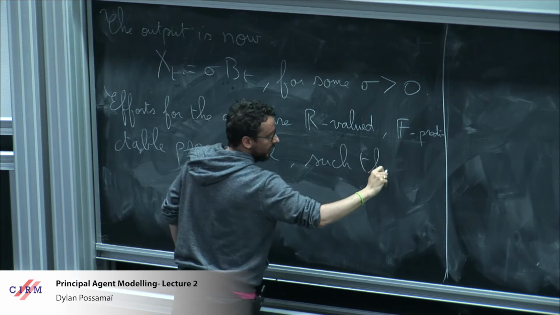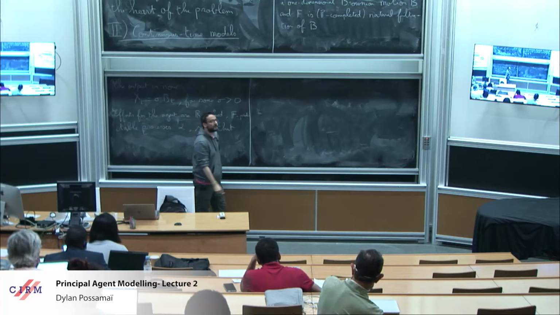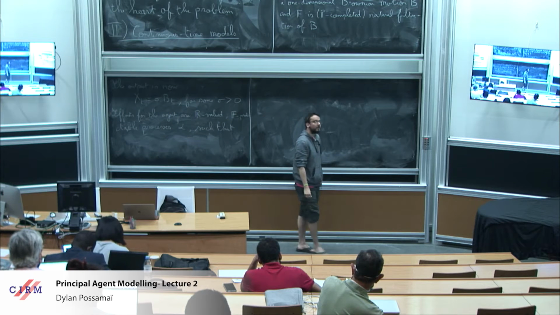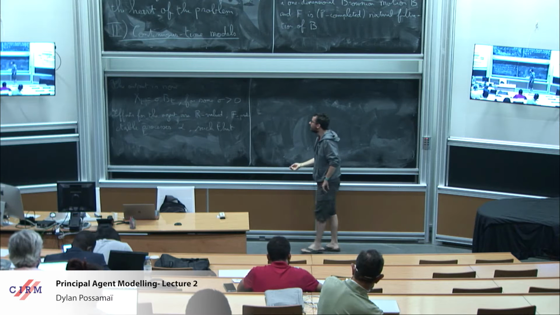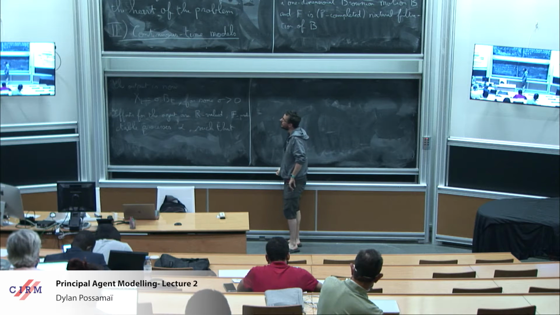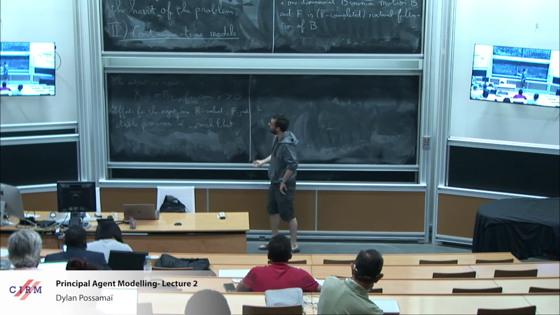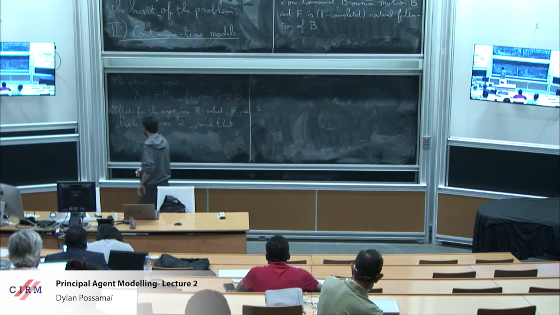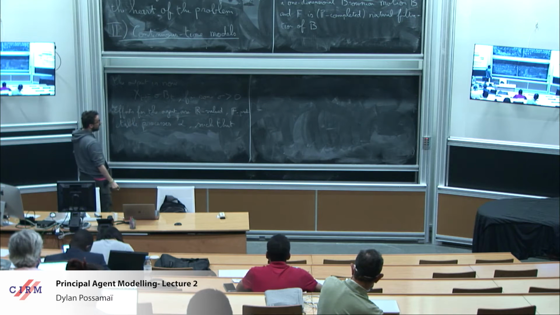and because I want to be able to do this change of measure, there is one condition that needs to be satisfied by my efforts. I need enough integrability for the new probability measure to be well defined.